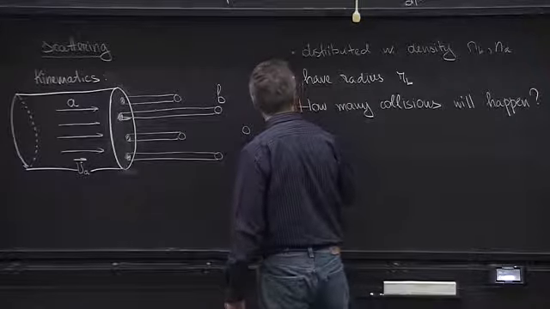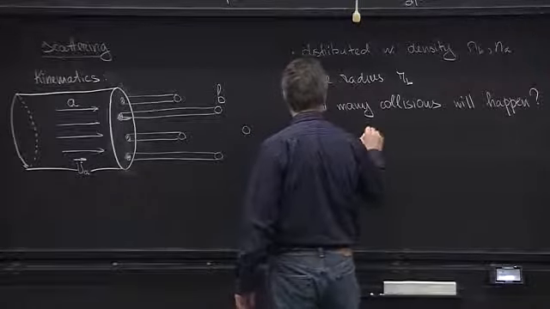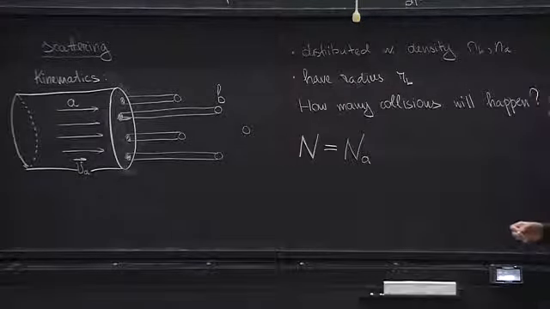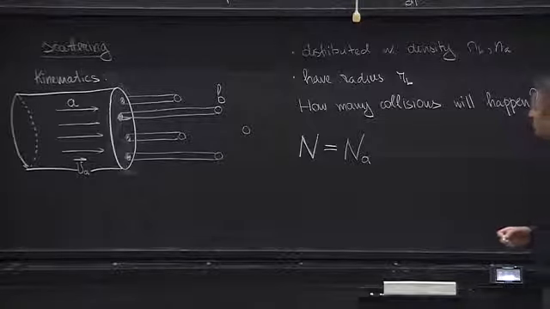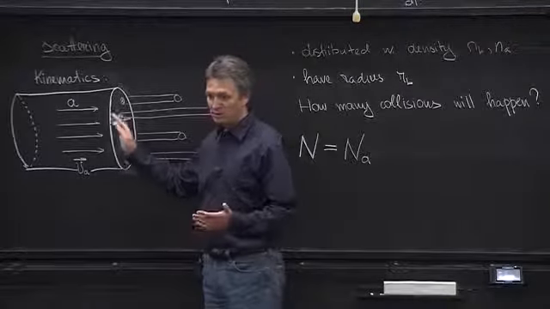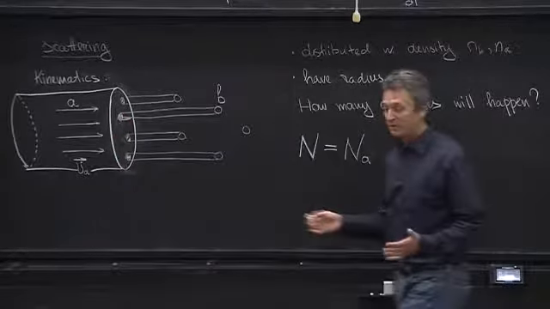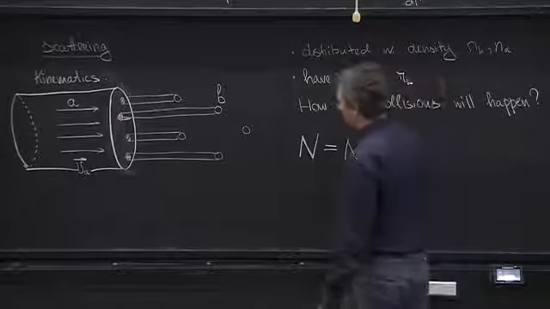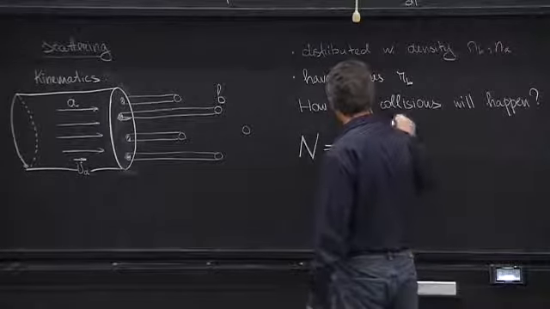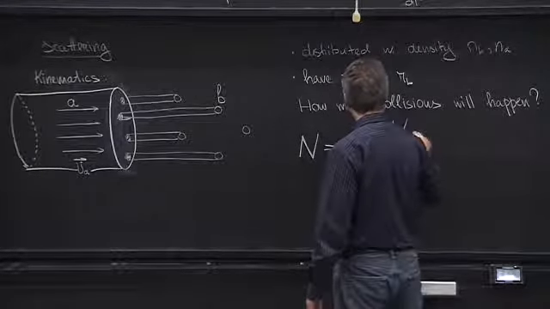So the number of collisions will obviously be proportional to the number of incident particles, and the fraction of incident particles that will experience collisions is equal to the fraction of the shadowed area to the total cross section of the bunch. Right, so this will be equal to what? To the total number of B particles.